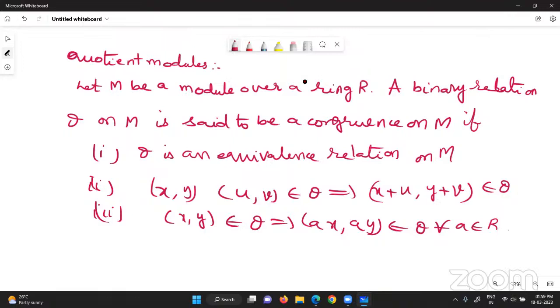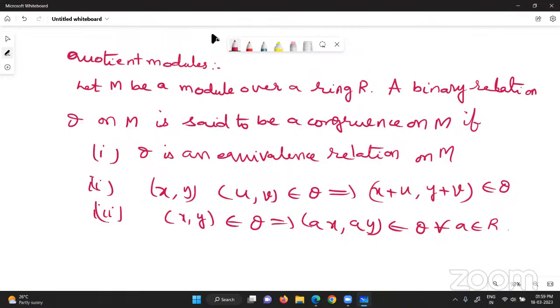Let capital M be a module over a ring R. A binary relation theta on M is said to be a congruence on M if first, theta is an equivalence relation on M. What do you mean by an equivalence relation? A relation is said to be an equivalence relation if it is reflexive, symmetric and transitive.